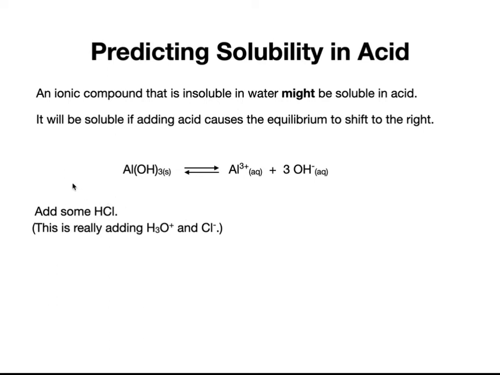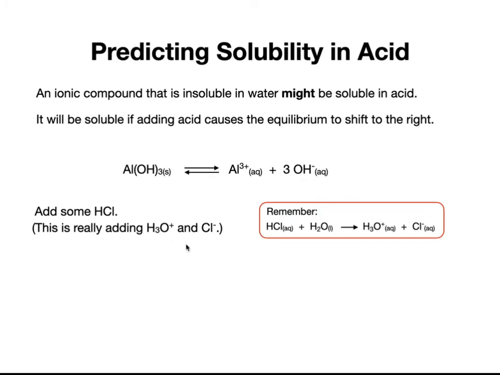Since this is a strong acid, when you put HCl in water, all of the HCl reacts, and you end up with hydronium and chloride. So when we say add some hydrochloric acid, we're really adding both of these ions. What's that going to do?